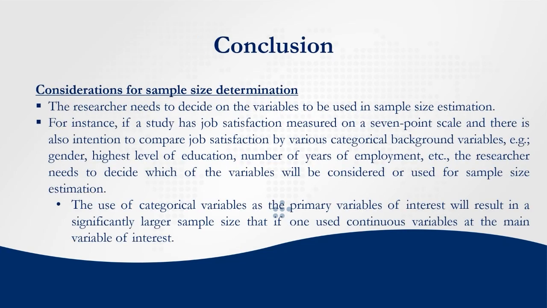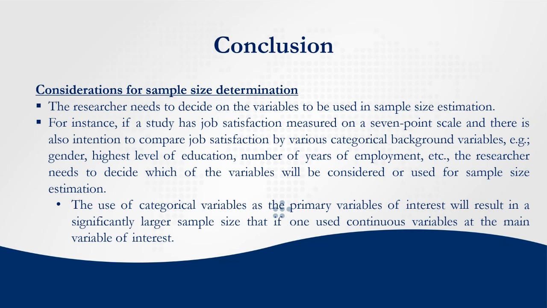I want to close with this one. This is about, in practice, when you estimate the sample size, you don't only have one variable in your study, you have more than one variable. So you need to take into account, if your outcome is categorical, the sample size required tends to be higher than the one for numerical.